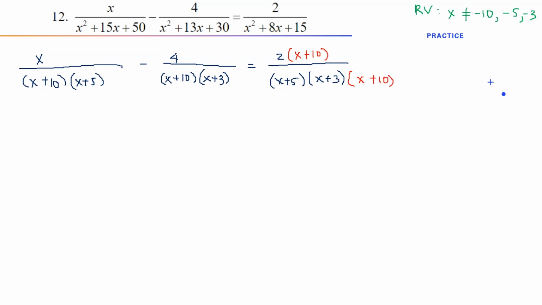Alright, so now we have x plus 10, x plus 5. This one doesn't have x plus 3. The factor x plus 5 here doesn't have it, so we multiply with that factor. Now all the top will be the same. The left hand side top and the right hand side top will be the same.